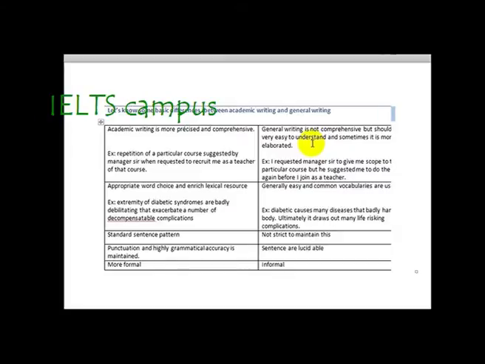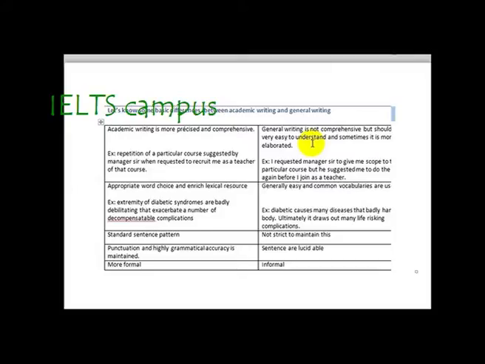Academic writing is more precise and comprehensive. In contrast, general writing is not comprehensive, but should be very easy to understand, and sometimes it's more elaborated. Let's have an example of academic writing.